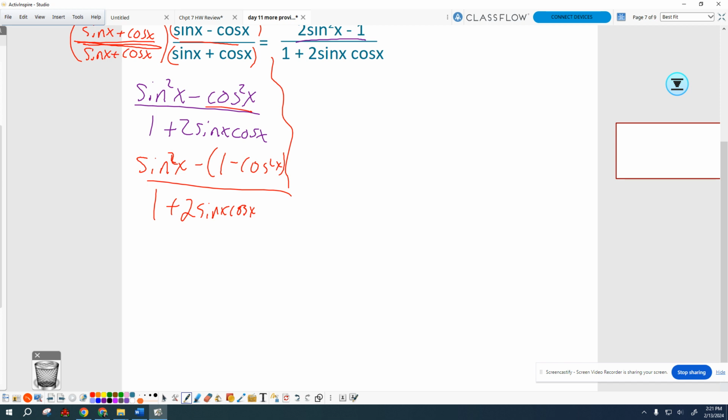You know what happens in the numerator? They have one more step to do. Minus and negative cosine squared becomes, sorry, I plugged the wrong thing in. I apologize. Ferris said cosine squared equals this, and I wrote the wrong thing in there.